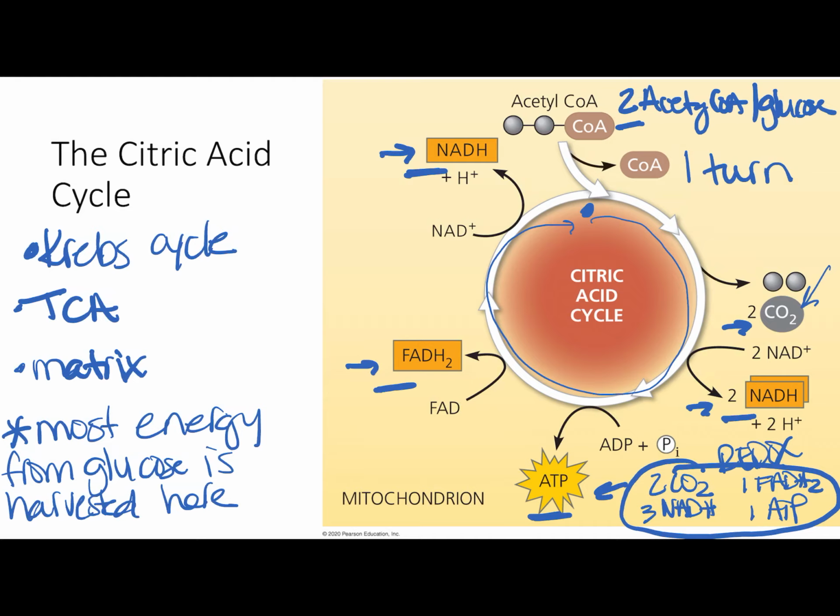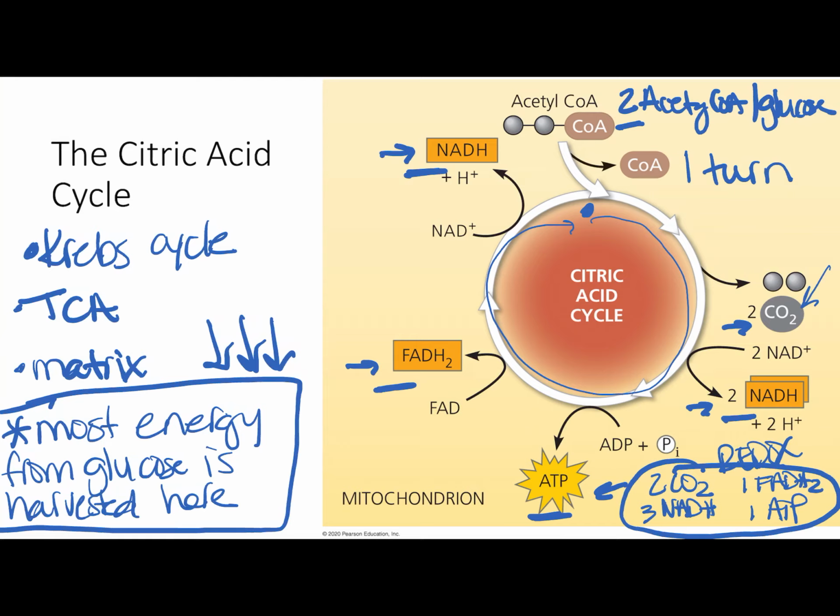If you go back and you look at glycolysis, we got 1 NADH and 2 ATPs per glucose. Oxidation of pyruvate, we got 1 NADH per pyruvate. But in the Krebs cycle, we get 3 NADHs, 1 FADH2, and 1 ATP. Most of the energy in glucose comes out in the Krebs cycle. Okay, that's what I need you to know. This right here. This is the most important thing.